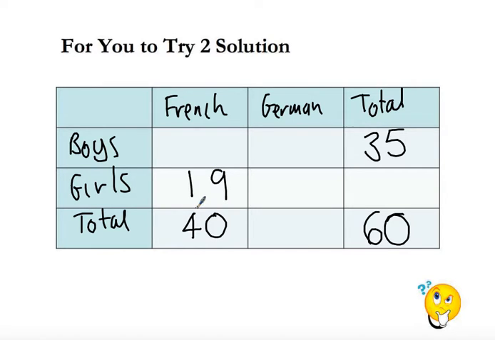So again, you can just work through slowly, totaling up using the row totals. So let's do a different colour for the working. So first of all, total number of people studying German. It's the difference between 60 and 40. So I get an answer of 20.